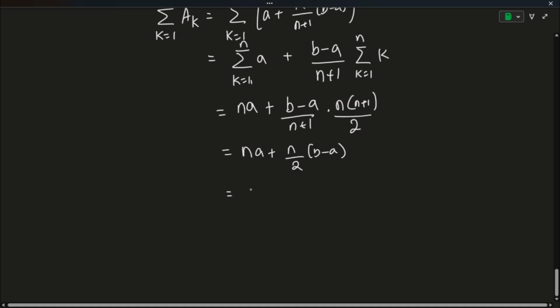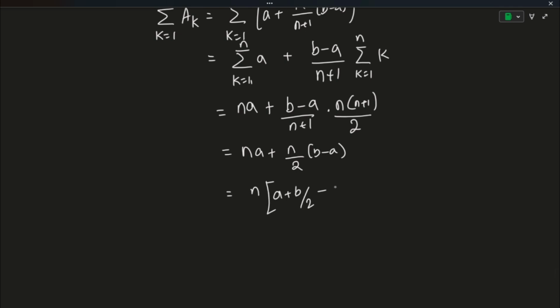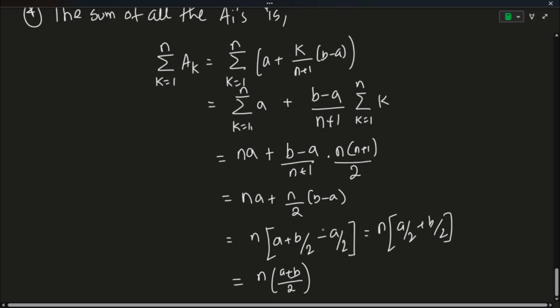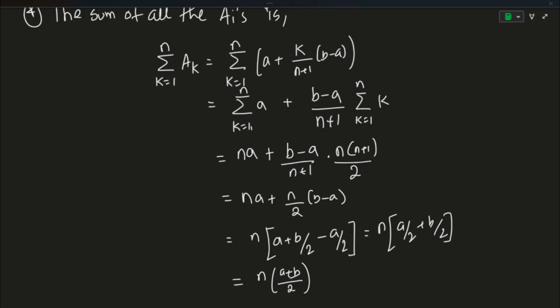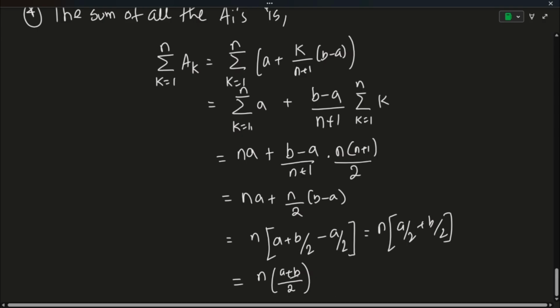Now take n common और आपको मिल जाएगा A plus B by 2 minus A by 2, which is nothing but n whole into A by 2 plus B by 2. एंड देयरफॉर आपका आंसर आ जाएगा n whole into (A plus B) by 2. This is the sum of all the arithmetic means thus inserted, which makes sense क्योंकि this is nothing but the average of A and B multiplied by n. That is going to be your answer.